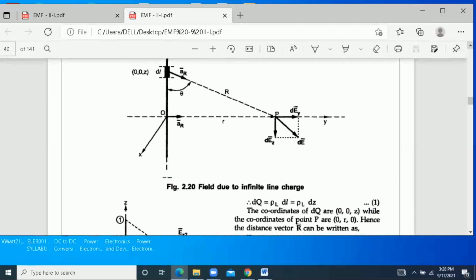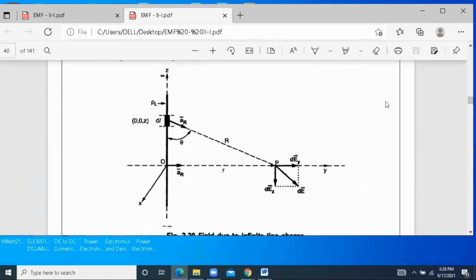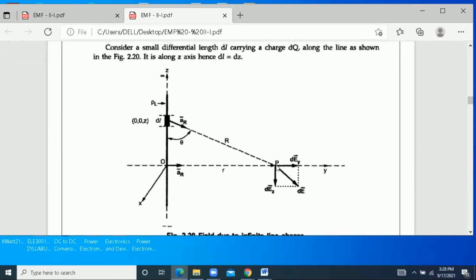And you want to find the electric field intensity at some point P. Say your line runs in the az direction, and you want to find your electric field intensity at a point P along the ay.